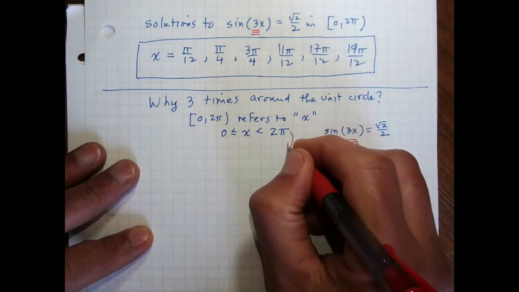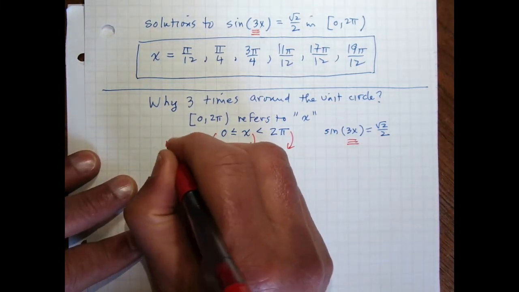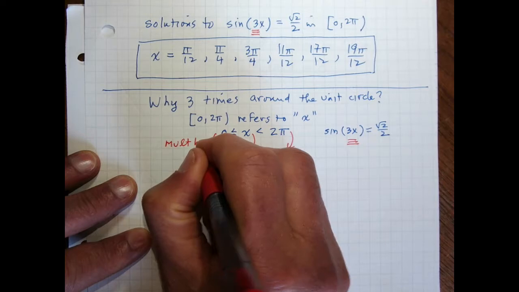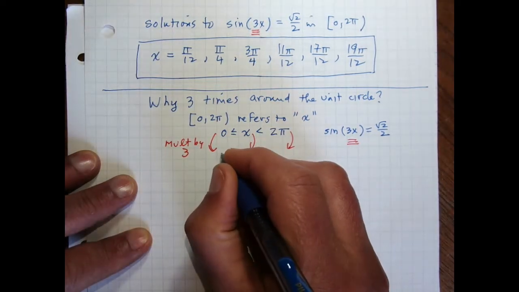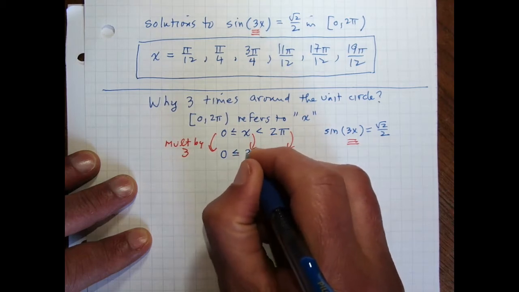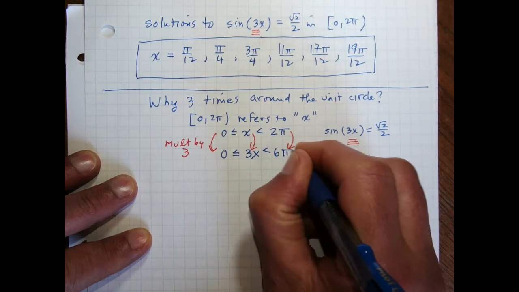So if I take the parts of this inequality and multiply by 3, I'm doing that so I get 3x in the middle. Well, 0 times 3 is 0. x times 3 is 3x. 2 pi times 3 is 6 pi.